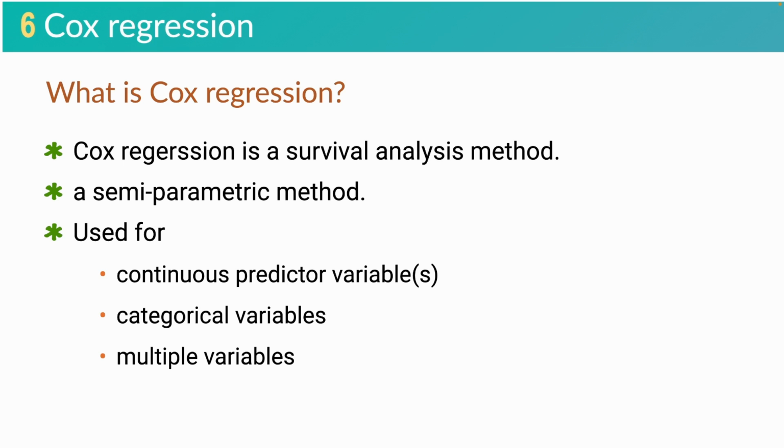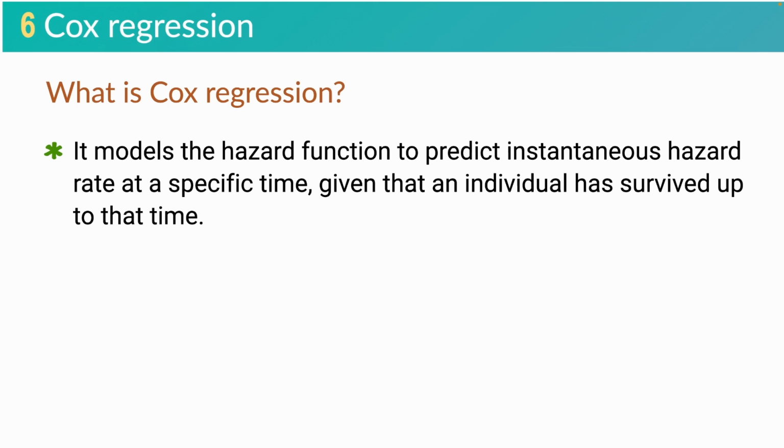Cox regression can be used for continuous predictor variables, categorical variables, and it can be used to build a prediction model for multiple variables. It models hazard function to predict instantaneous hazard rate at a specific time given that an individual has survived up to that time.